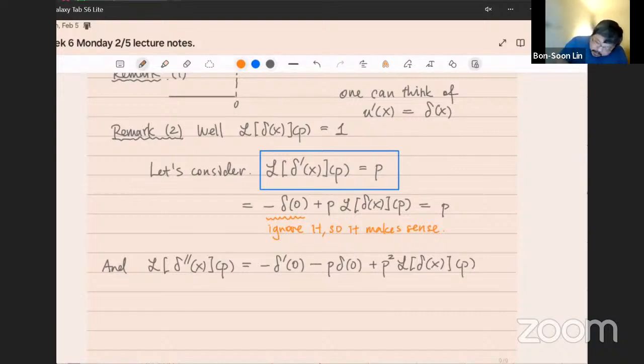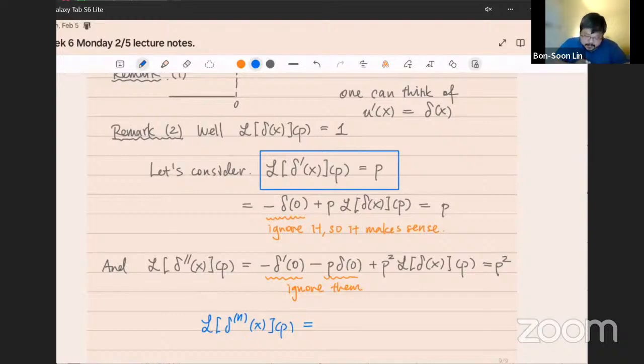Again, we come across terms where it doesn't really make sense what they are. So what are we going to do? We're going to ignore them. That's right. If we ignore them, then we have a very sensible quantity: the Laplace transform of delta prime prime is p squared. So let's use 10,000 years of evolution. What do you think is the Laplace transform of the nth derivative of delta? Would you like to guess?